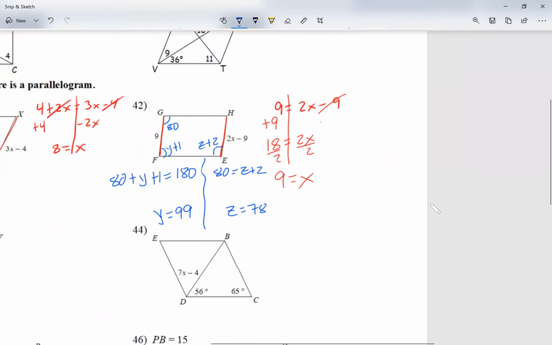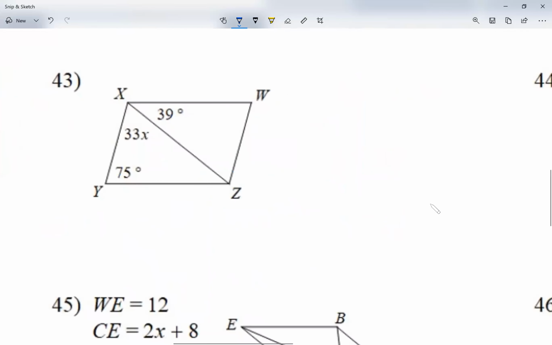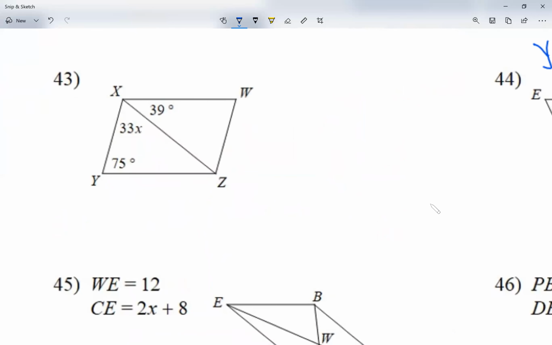Now, let's take a look at number 43. Still a parallelogram, we're solving for x. So I see angle 75, right? This is 75 degrees. And if I connect it with angle x, which is all of that combined, those two are adjacent angles. So I'm just going to add everything and equals 180.